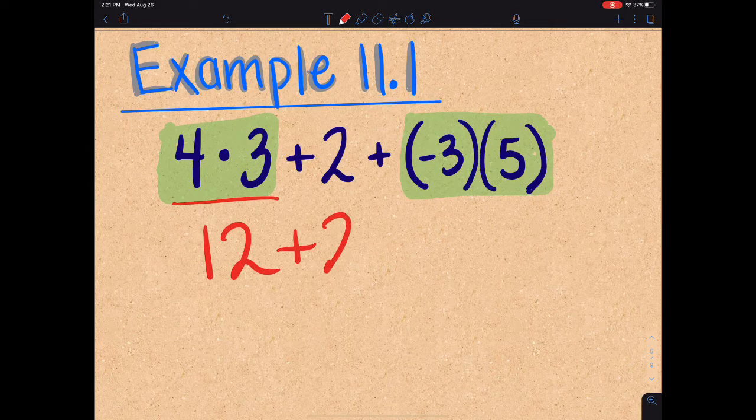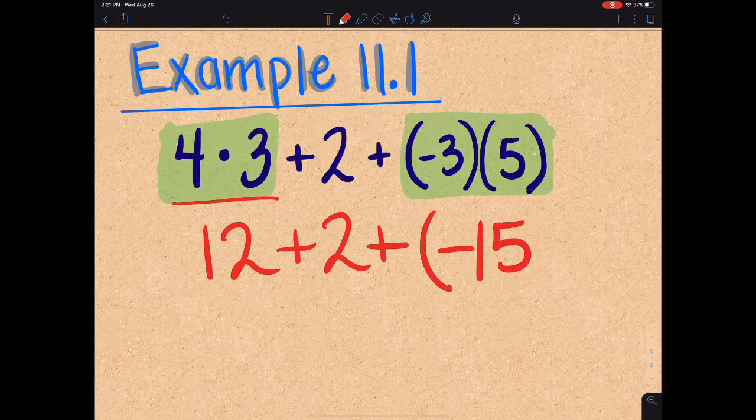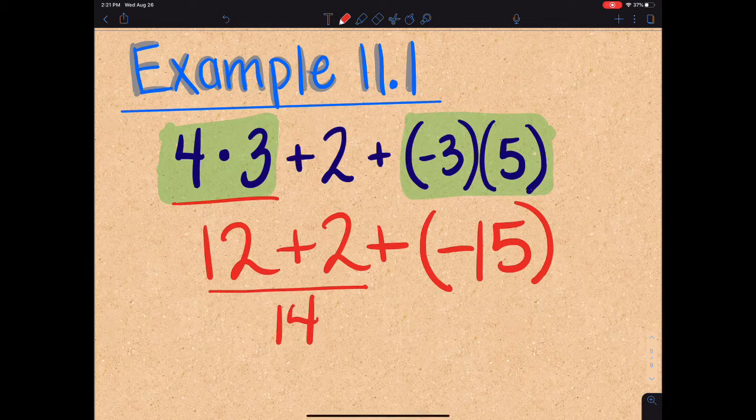Everything else I'm going to bring down: plus 2 plus, and this simplifies to -15. Then you can just do left to right. 12 plus 2 is 14 plus a negative 15. That's kind of saying 14 minus 15, and you get negative 1 for your answer.